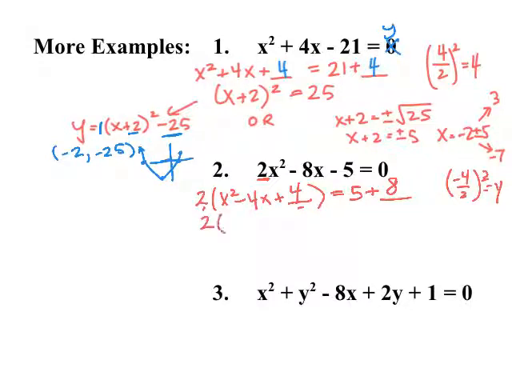2 and our factored binomial squared is x minus 2 quantity squared. And this side is 13. So we have x minus 2 squared equals 13 halves. Excellent.